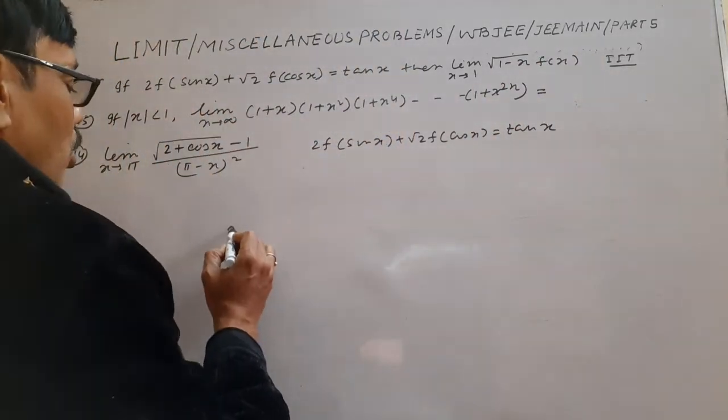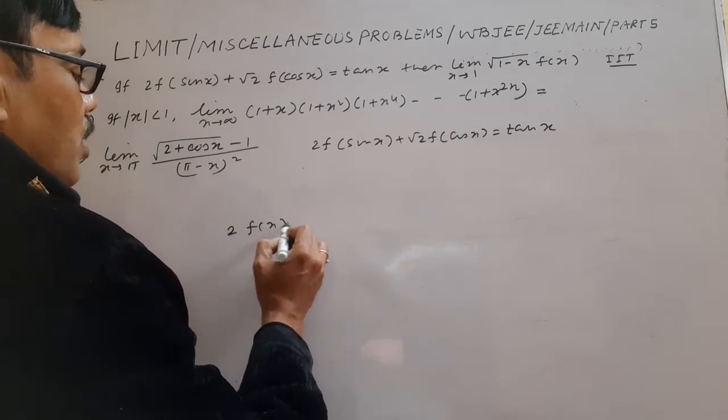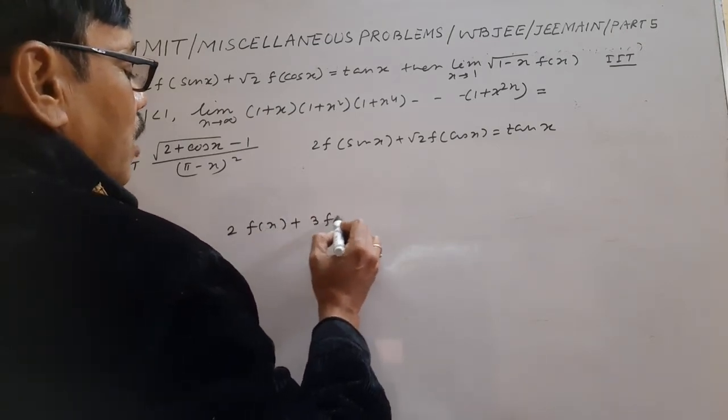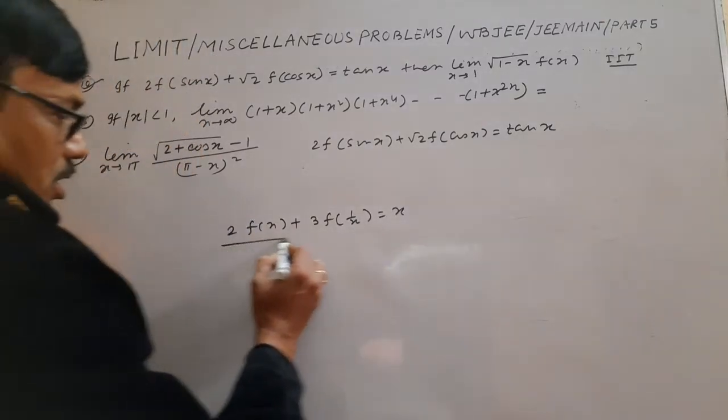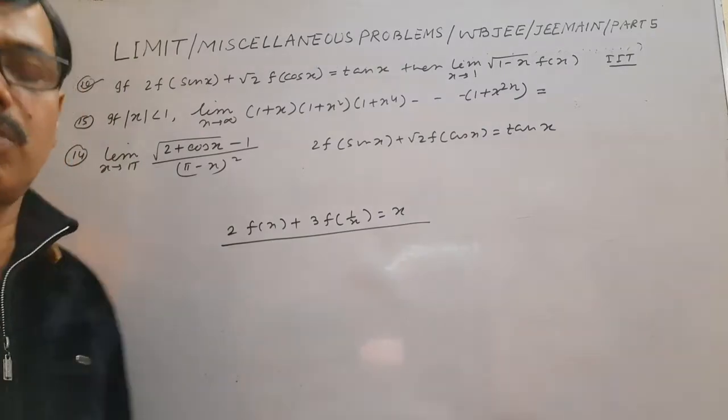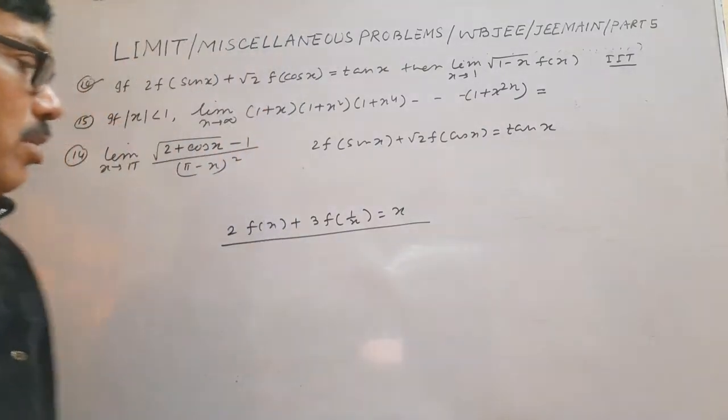So look, we have solved this type of problem: 3f(1/x) + f(x) = x. Suppose this is a functional relation. Find f(x). So what is our rule?